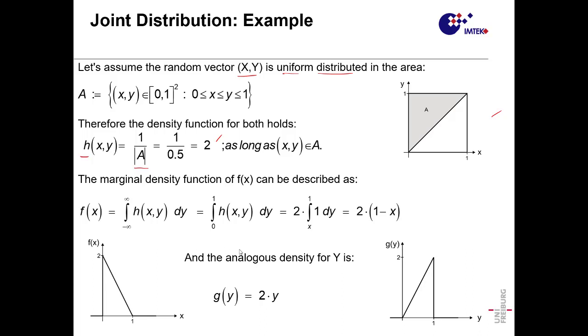So how can we calculate the marginals f of x and g of y? You have to integrate h over dy if you want to get f of x, and you have to integrate h over dx if you want to get g of y, okay? And then of course you integrate between a and b and c and d, as we saw before. So in this case, it's 0 to 1.